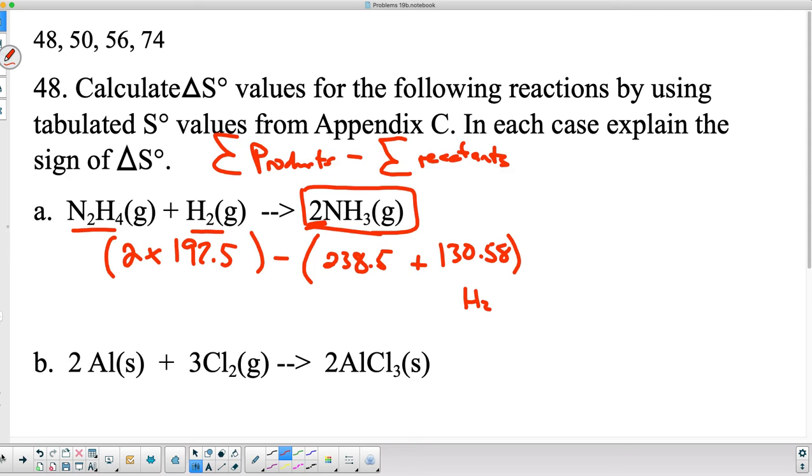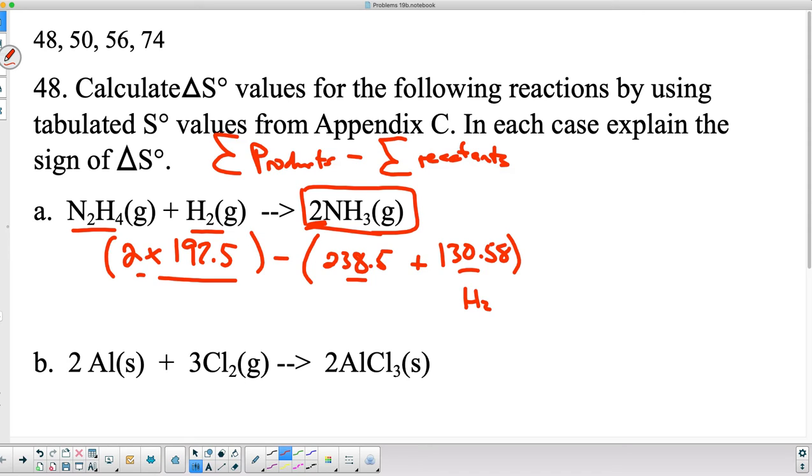So all I'm doing here is adding these two together, multiplying times 2 and subtracting. Where's my calculator? So you can see how this works. These all work exactly the same way. There's no difference.